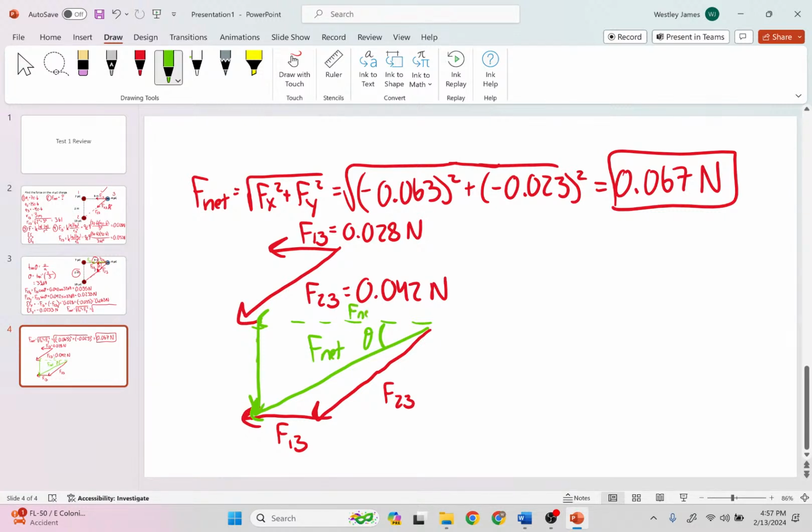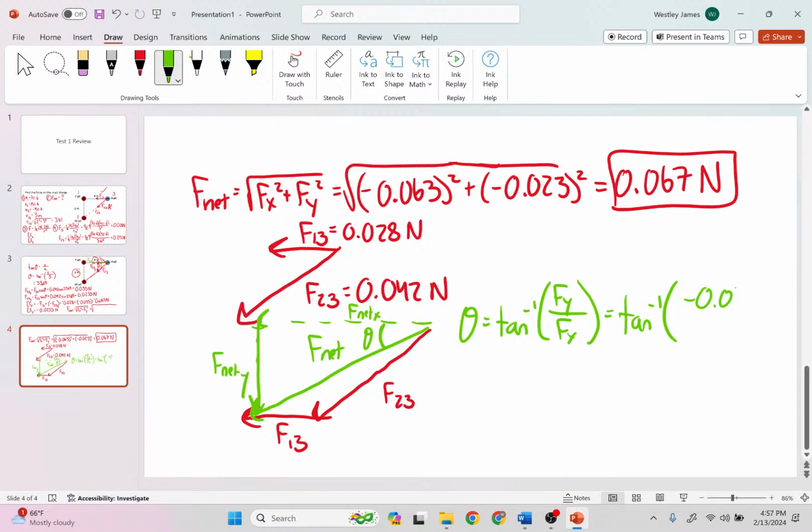We have F net X. We have F net Y. So, theta is going to be tangent inverse of Fy over Fx, which equals tangent inverse of, the negatives are going to cancel out, but whatever, I'll put them in here, negative 0.023 divided by negative 0.063.